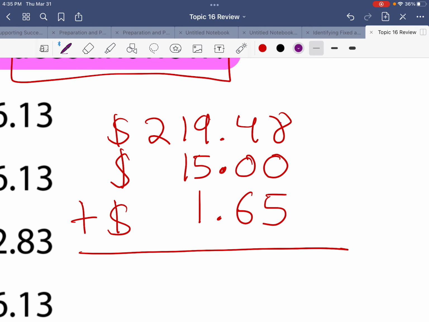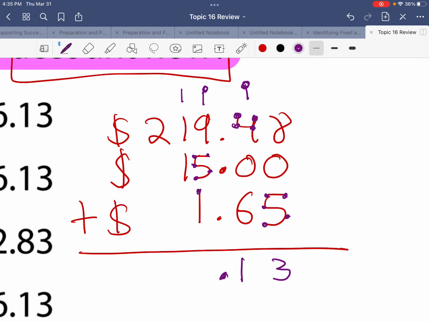8 plus 5, 8, 9, 10, 11, 12, 13. Carry my 1, drop my 3, 6, 7, 8, 9, 10, 11. Carry my 1, drop my 1, drop my decimal. 9, 10, 11, 12, 13, 14, 15, 16.